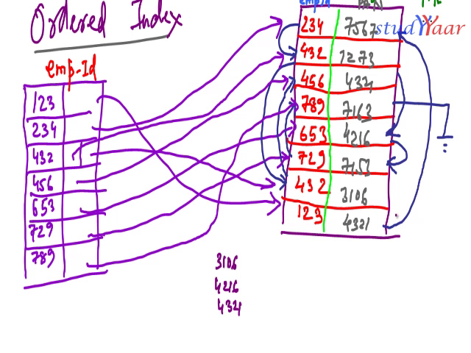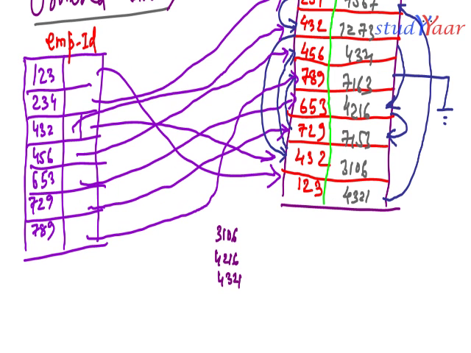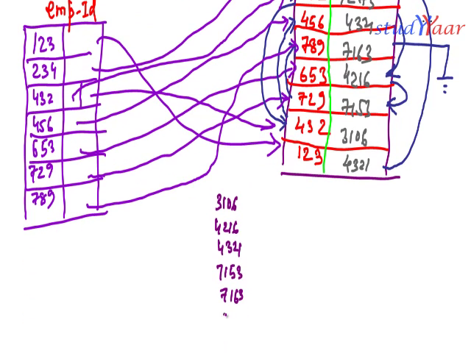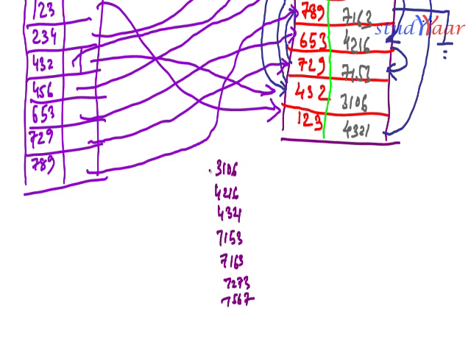Then I'm going to have 7153, 7163, 7273 and 7567. Okay, let's suppose this is another index.